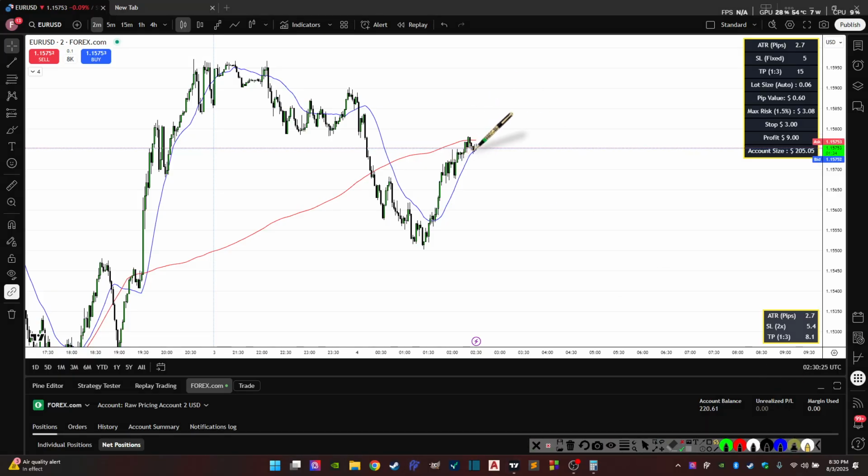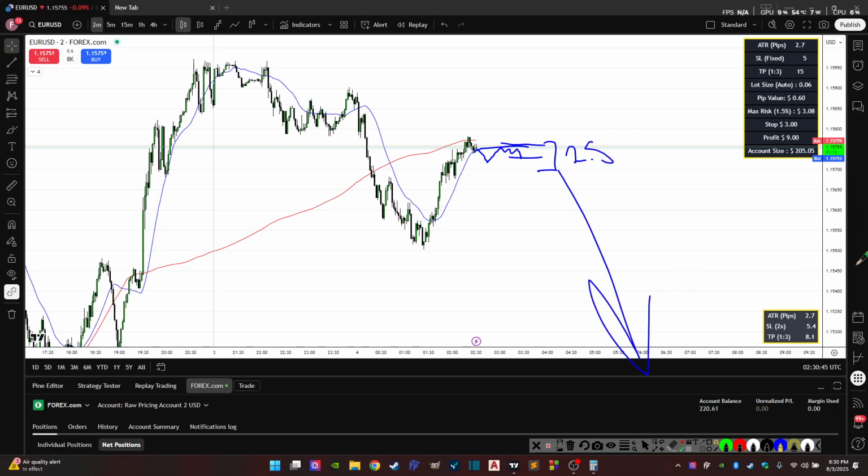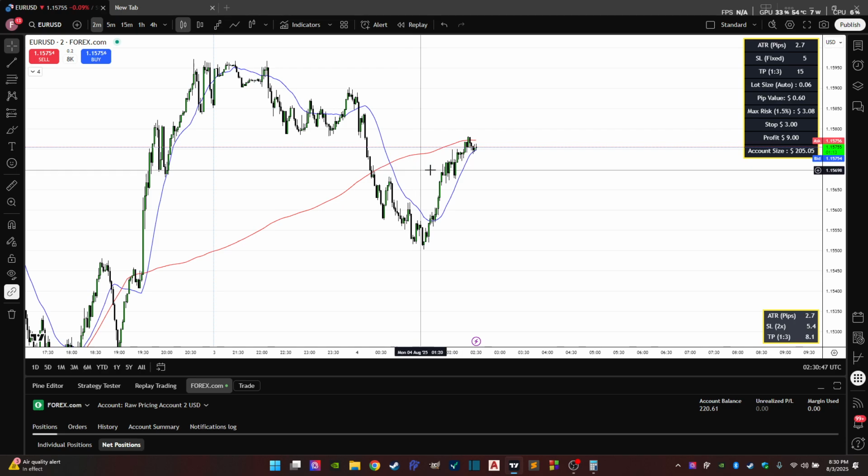So we may see something like this where the line actually continues out, for example, and then price kind of comes like this, and then we get our black. We take our short, stop above. Look at that, tiny, about 2.5 pips. Big potential. So I'm not going to take that trade.